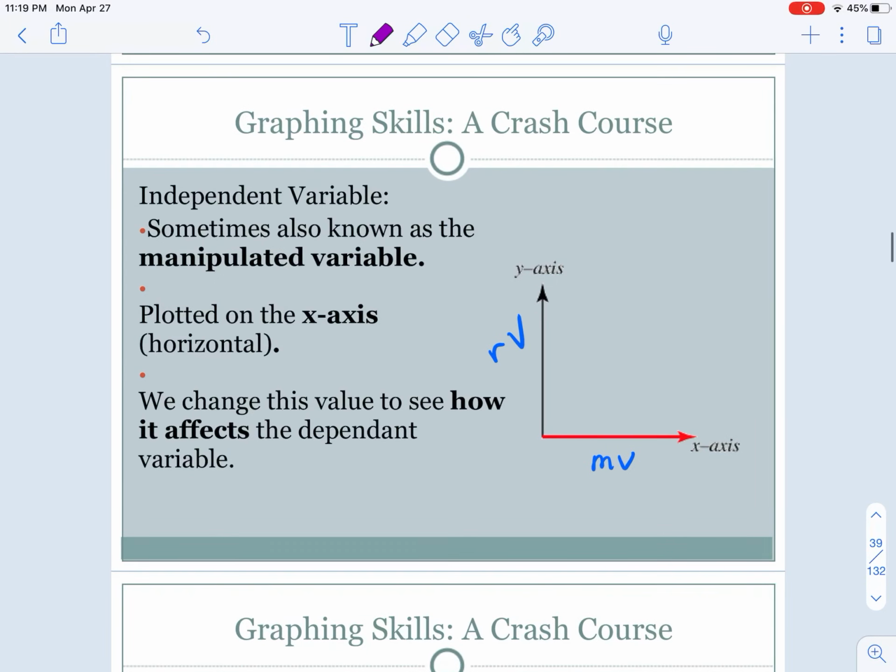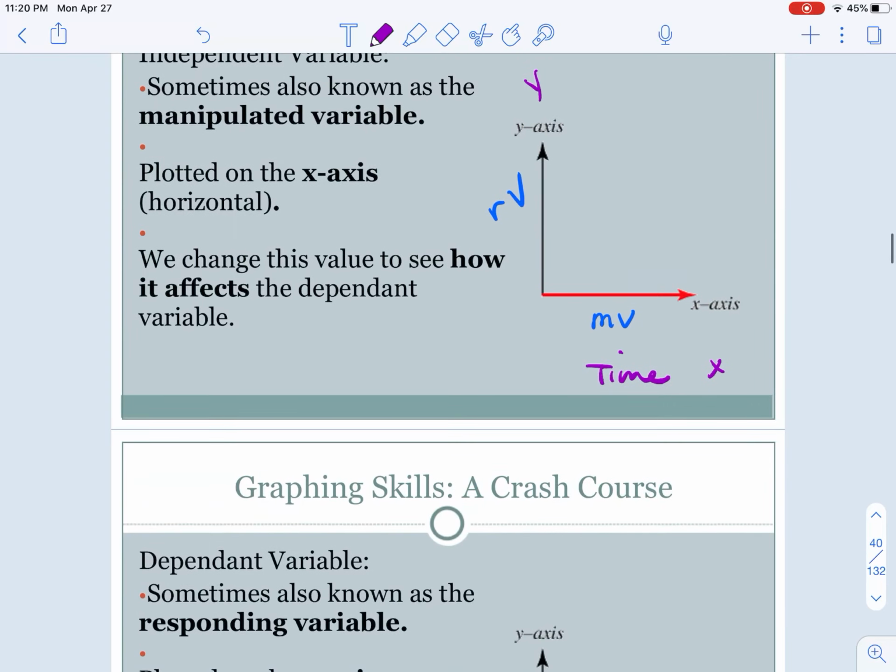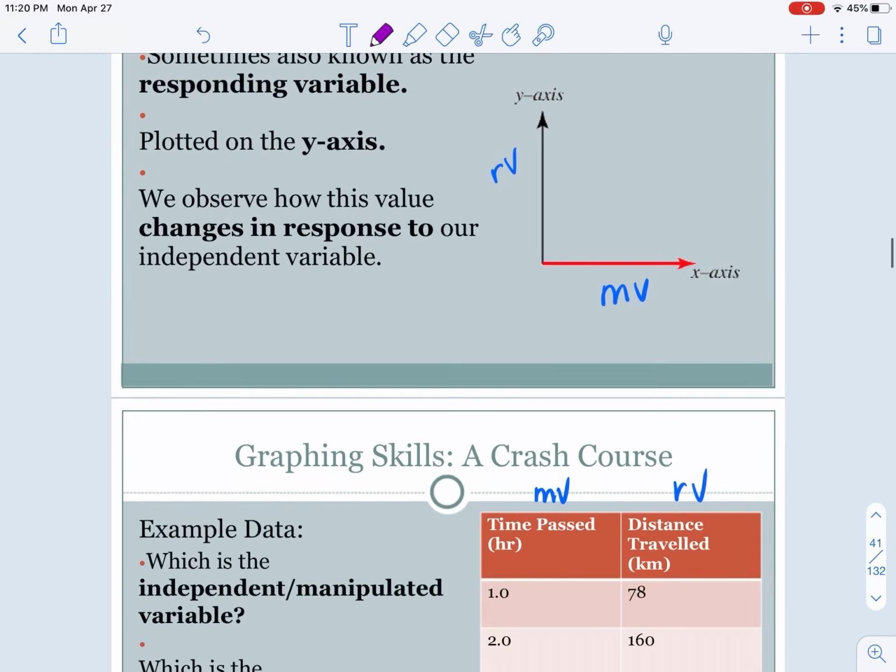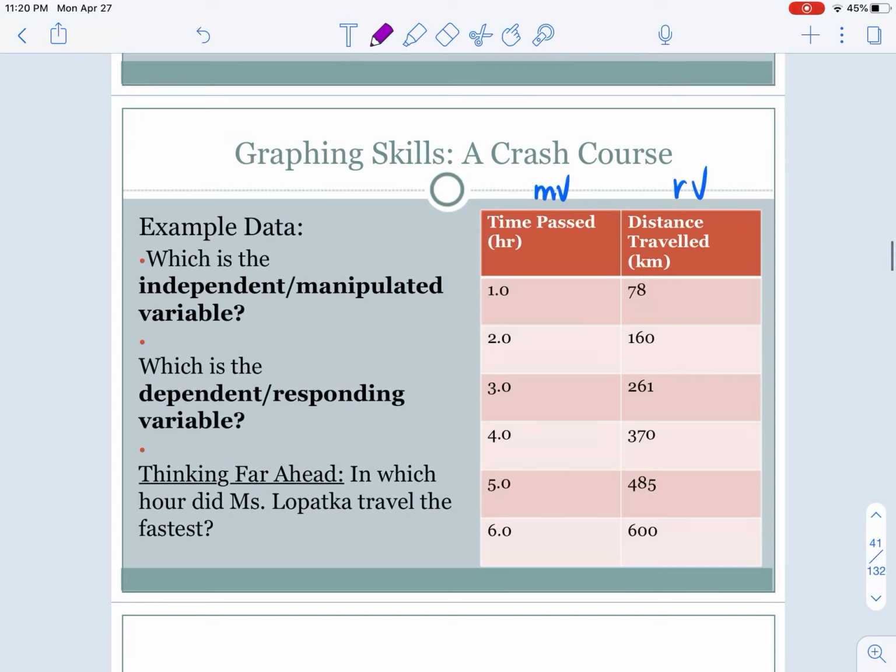One last thing for today is looking at how this distance over time looks on a graph. So you may recall that the manipulated variable, usually it's time, is over here on the x-axis, and the responding variable is always on the y-axis.